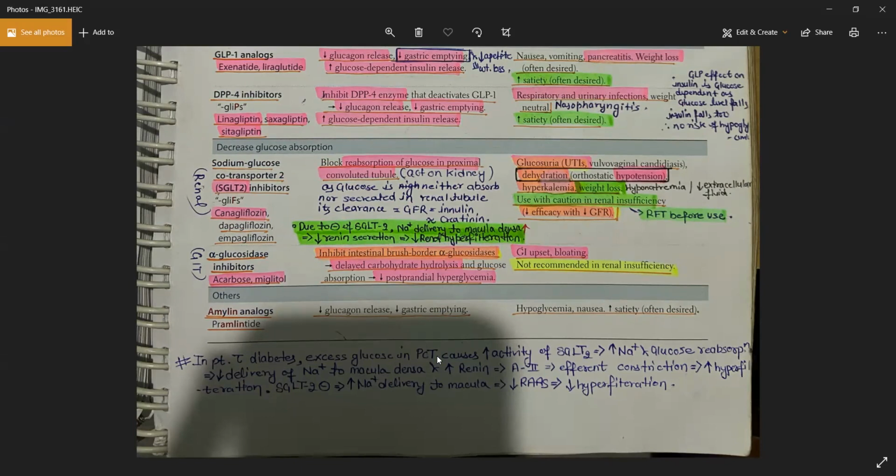It's not about my body, it's about the macula densa cells. They cannot sense anything but sodium. If I increase the sodium to them, they will be inactivated, and if I decrease the sodium to them, they will be activated. They have only one receptor for that. They are just dependent upon sodium delivery. Doesn't matter anything else. So high sodium to them reads as high blood pressure? Yeah, exactly. Okay, thank you so much.